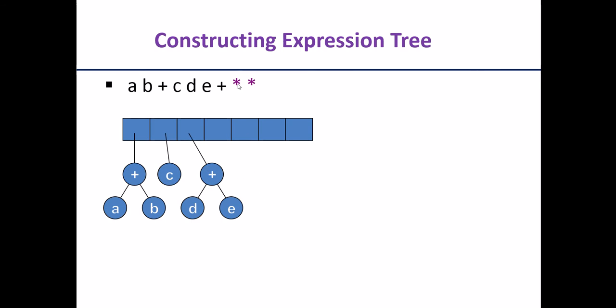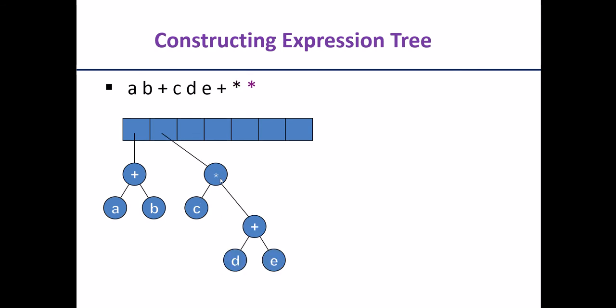And then again we have an operator, so we will take out this one, which as a whole is T2, and this is T1, and this is the operator, so we made this operator the root node, with the left tree and the whole right tree T2, and then pushed it back to the stack.